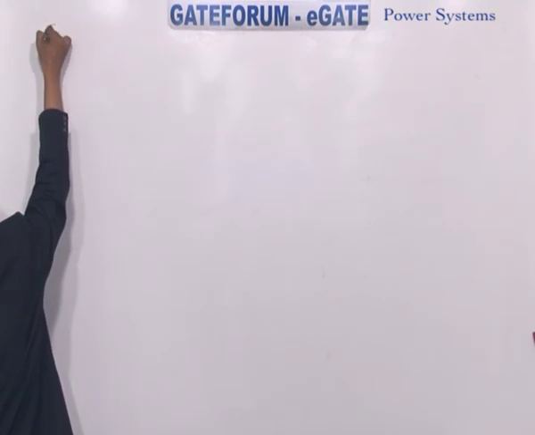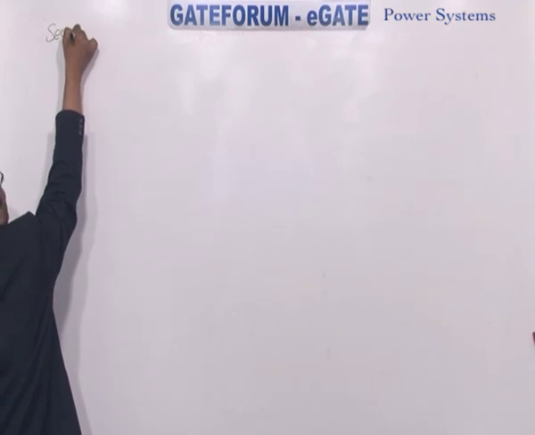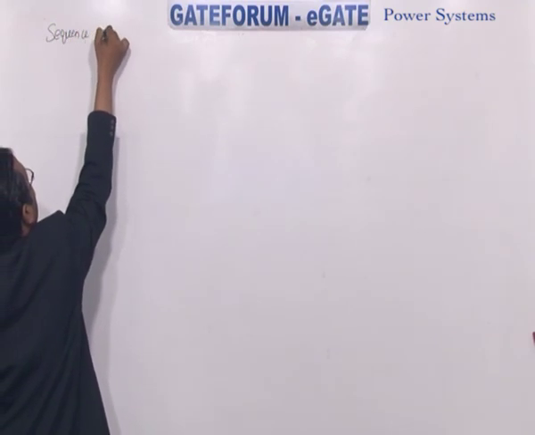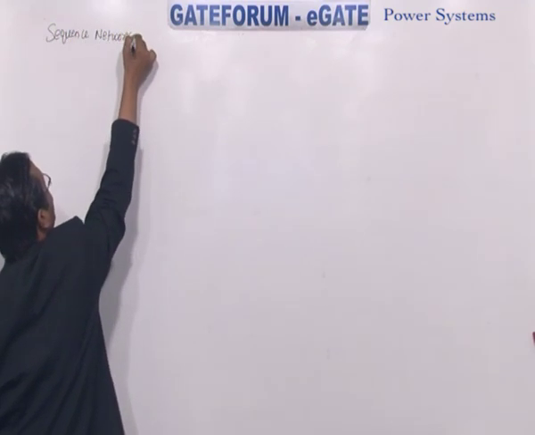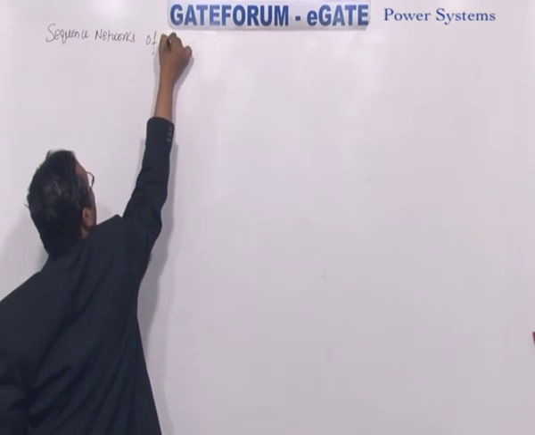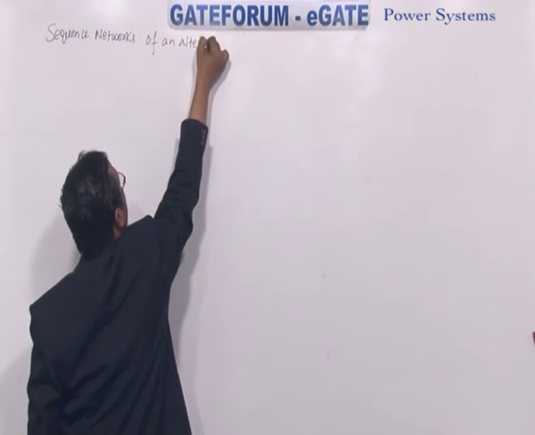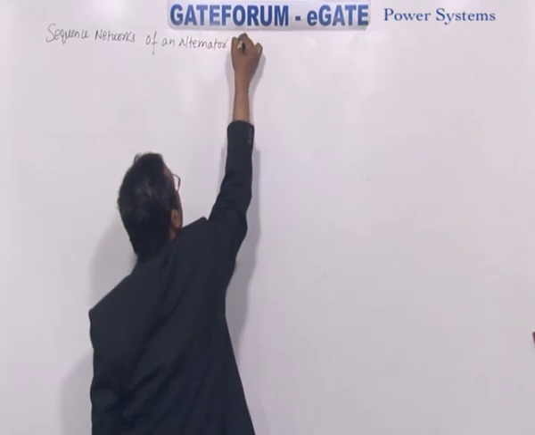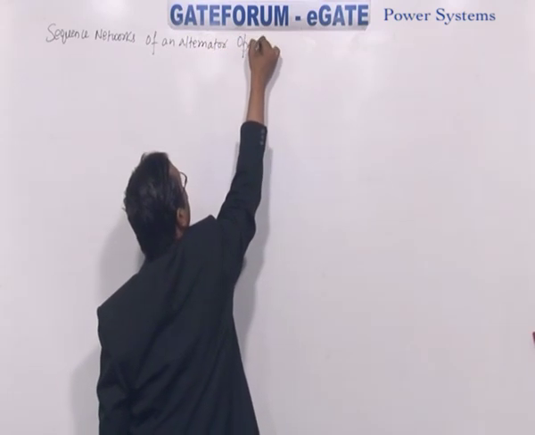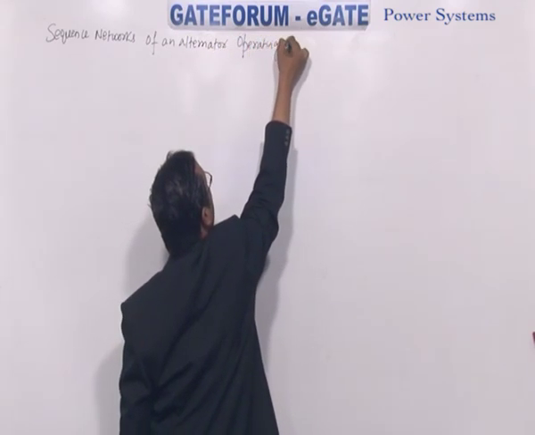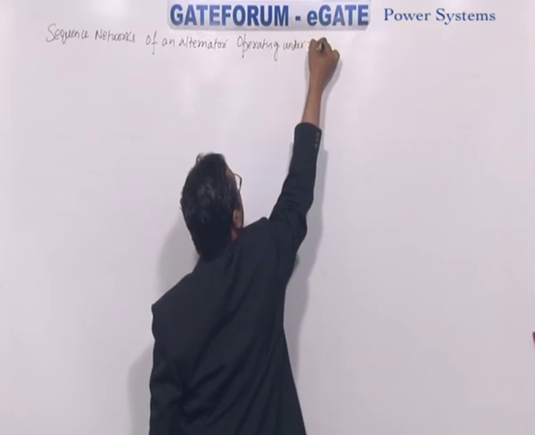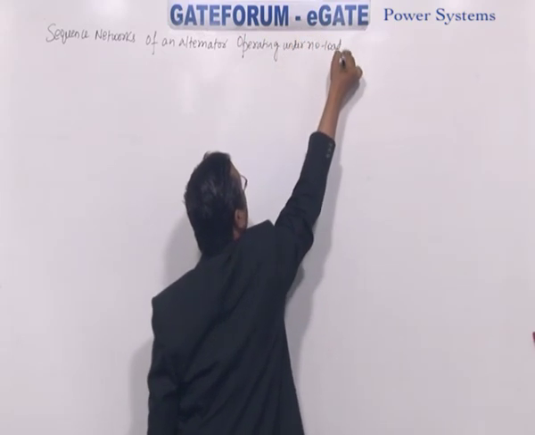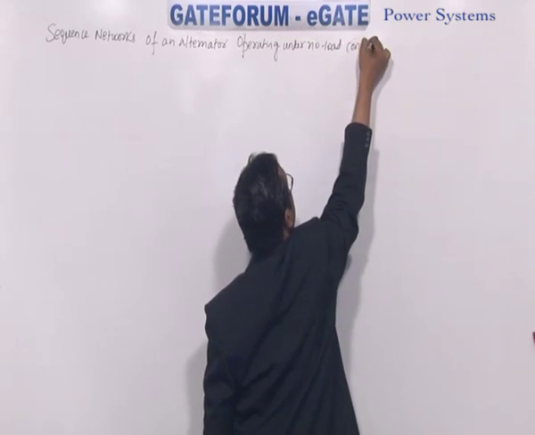Now we check how to draw the sequence networks of an alternator operating under no load conditions.